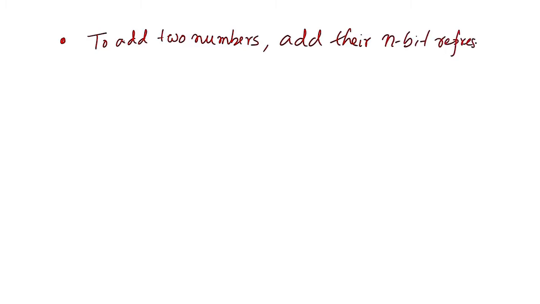Add two numbers. What do we do? Add their n-bit representation.